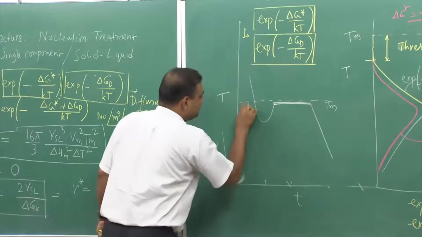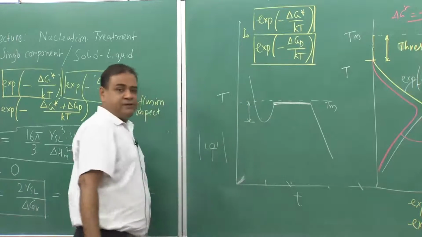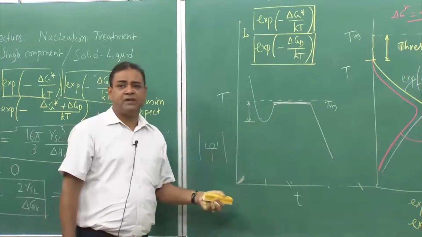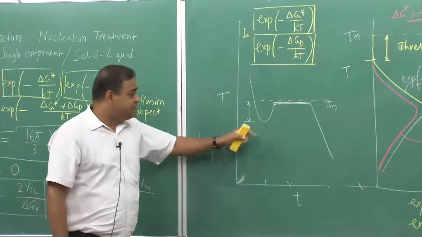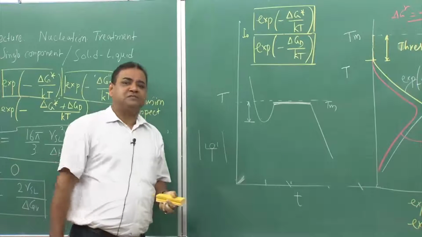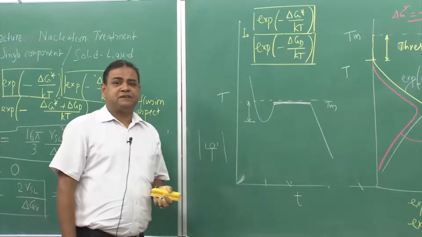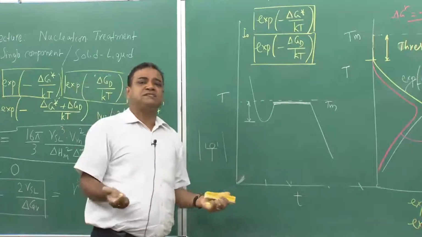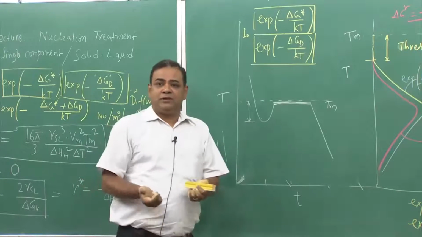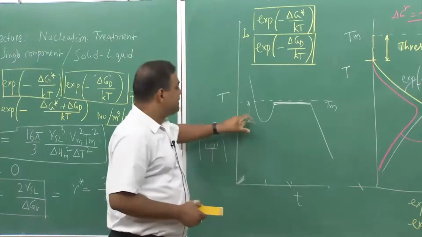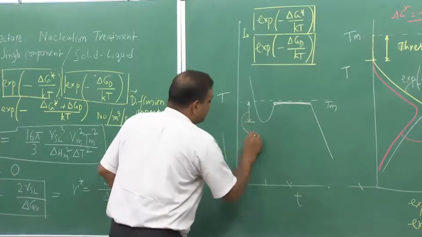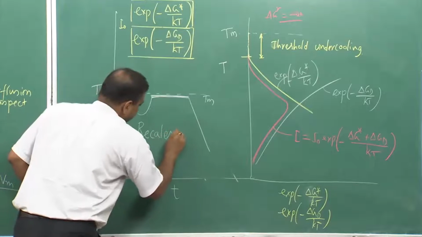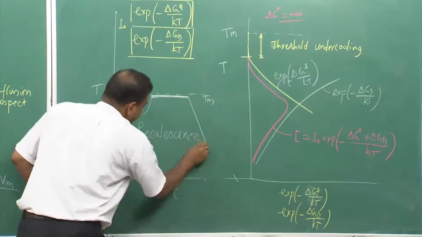Okay. So, that is why this particular thing has to occur a little below the Tm. But if we see this drop, the liquid temperature drops far below the melting point before the solid appears, and this happens because of the interface energy term. This interface energy, which is the positive contribution, does not allow the total system energy to go down the hill. Okay? So, that is why we call it recalescence.